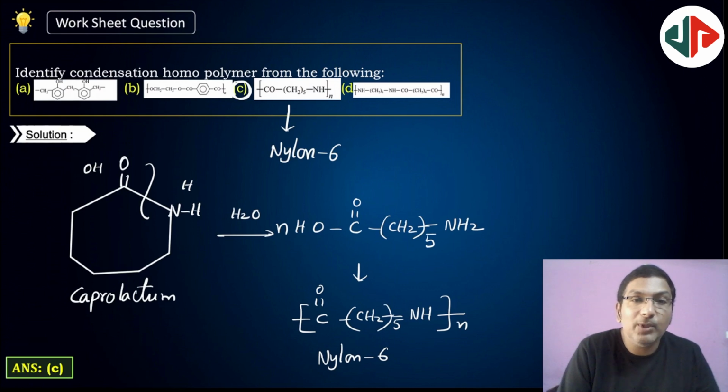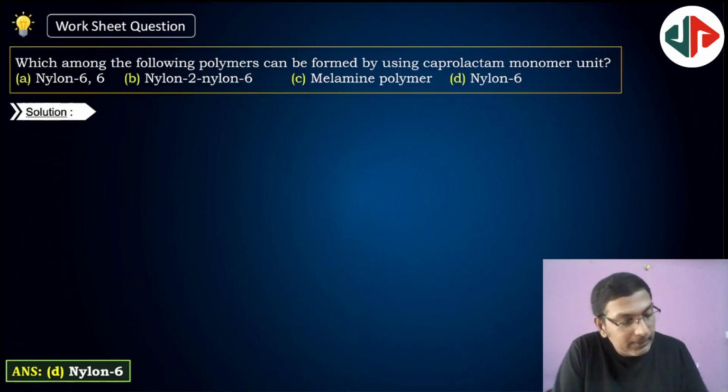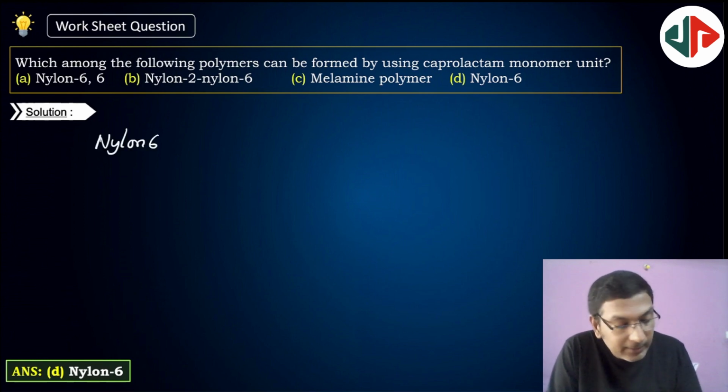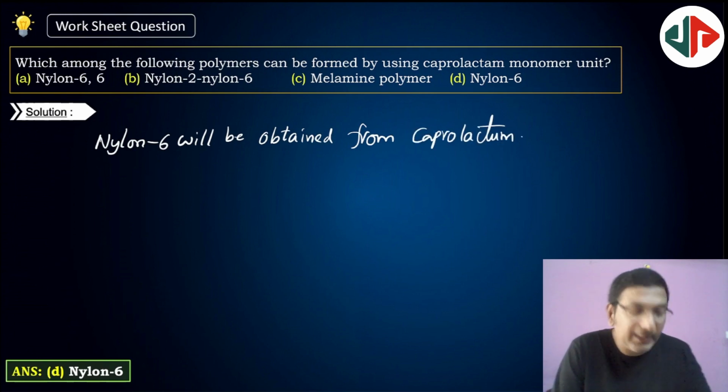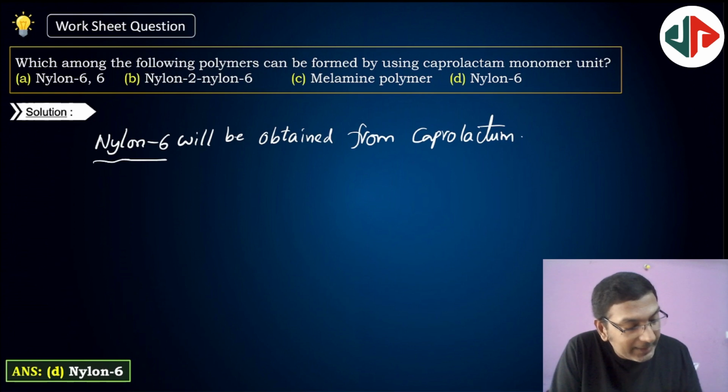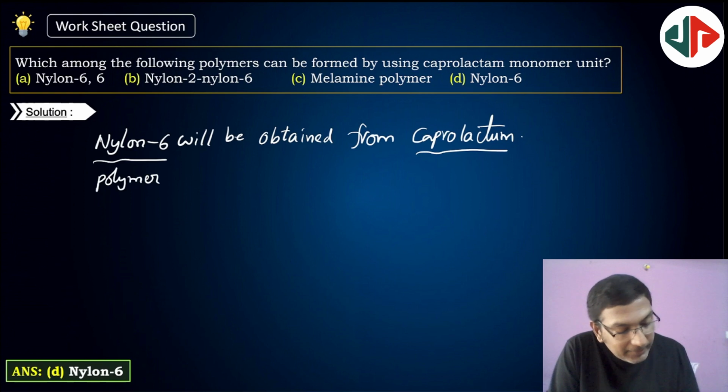Remaining are copolymers containing two types of monomer units. Which among the following polymers can be formed by using caprolactam? We have just discussed caprolactam. Nylon 6 will be obtained from caprolactam. Here caprolactam is the monomer and nylon 6 is the polymer.